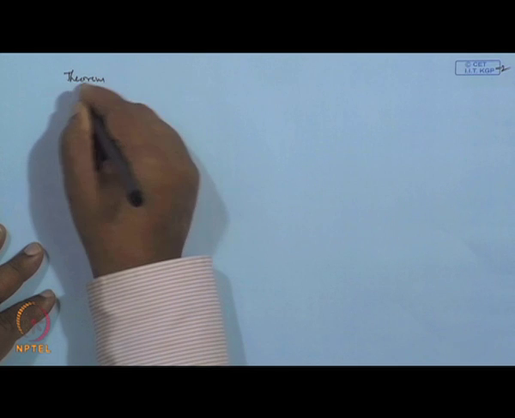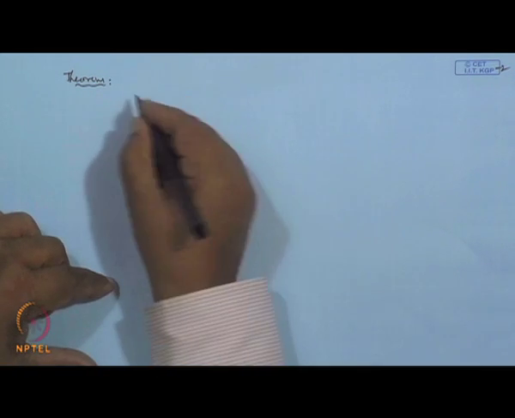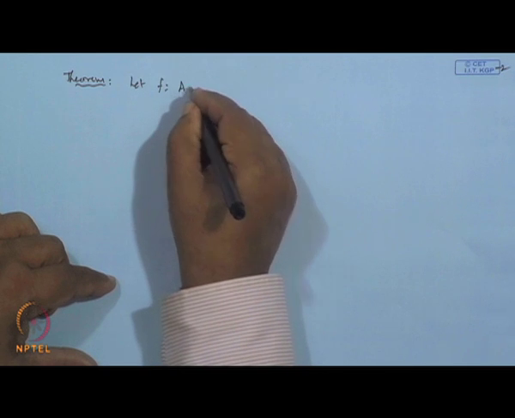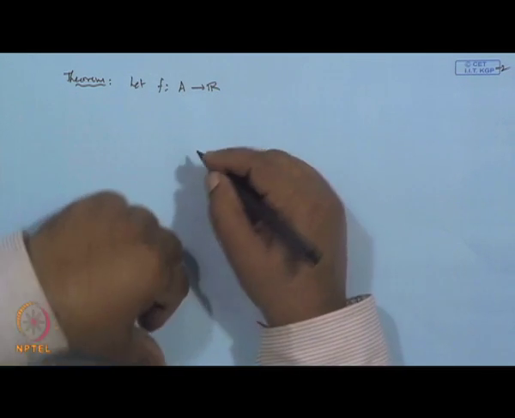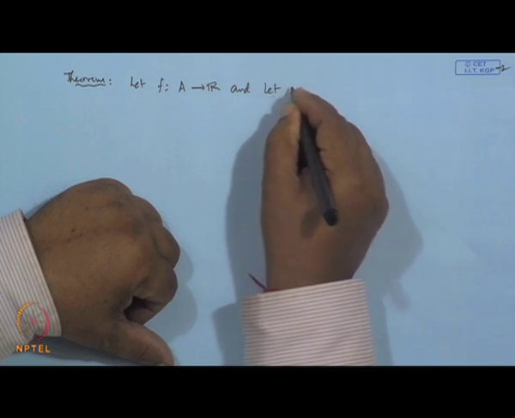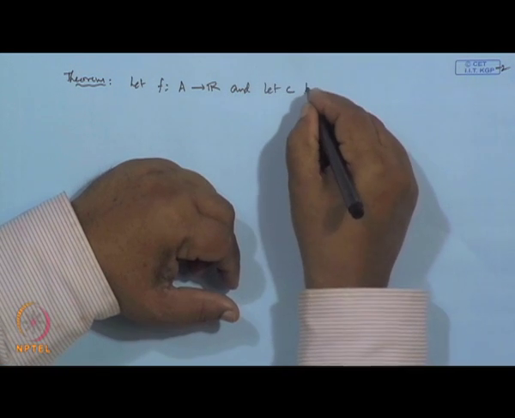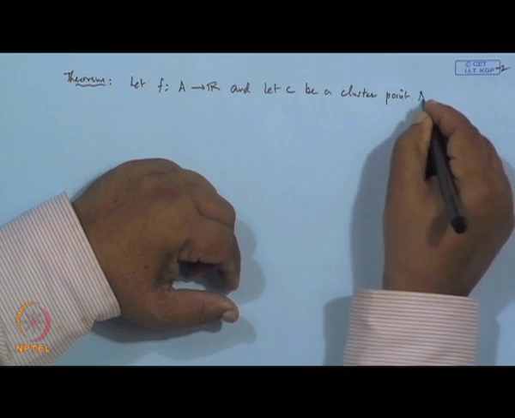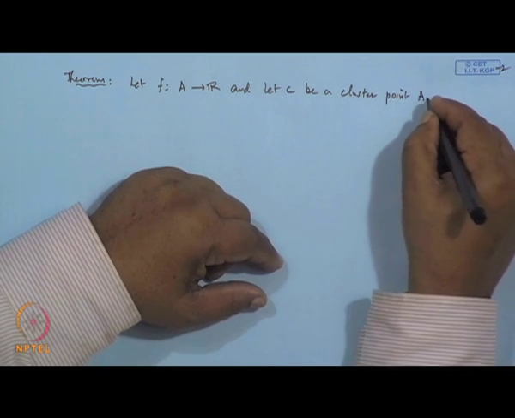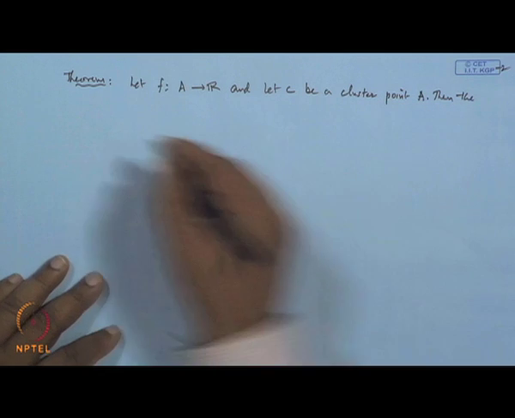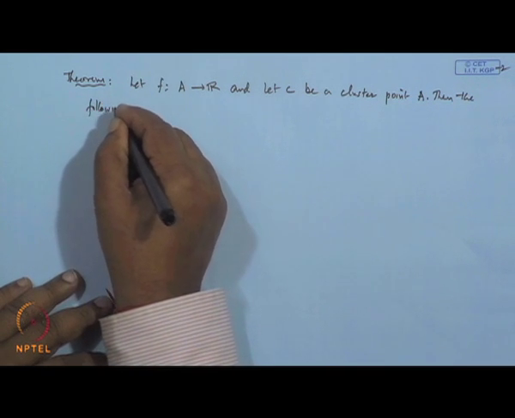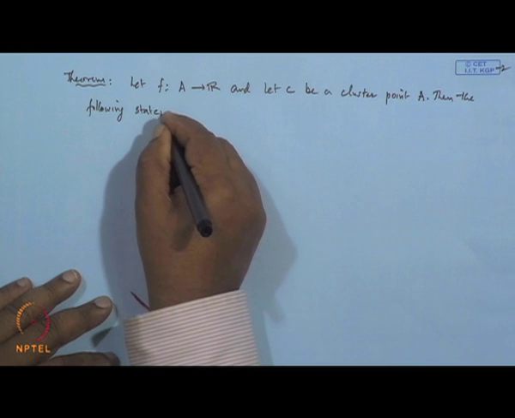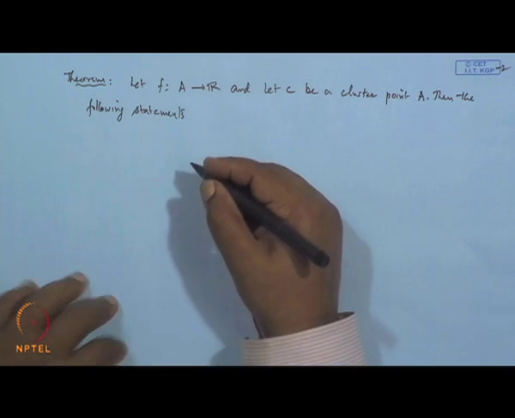Okay. So, this we can write in the form of a theorem. The theorem is: let f be a mapping from A to R, and let c be a cluster point of A. Then the following statements are equivalent.